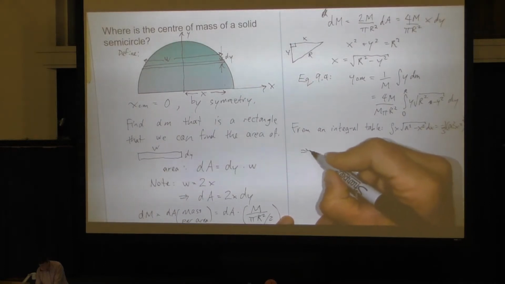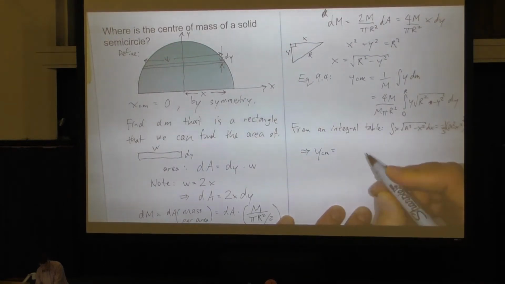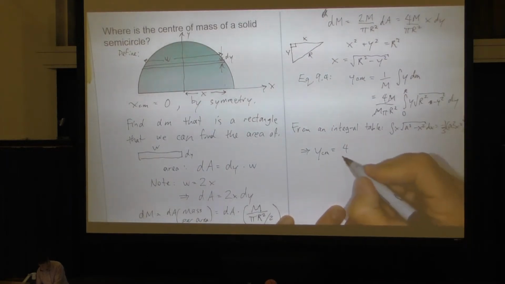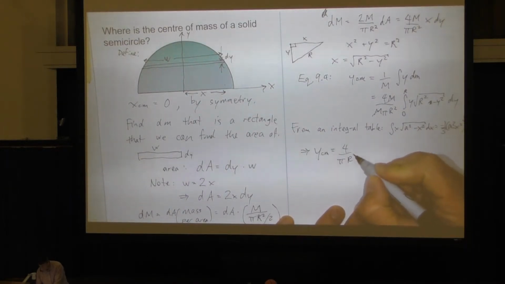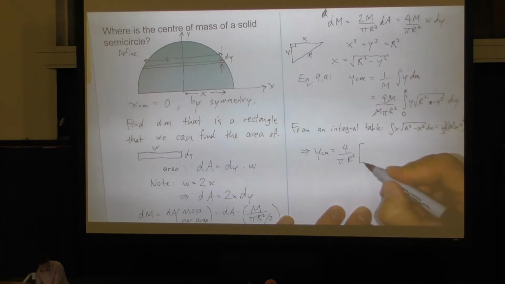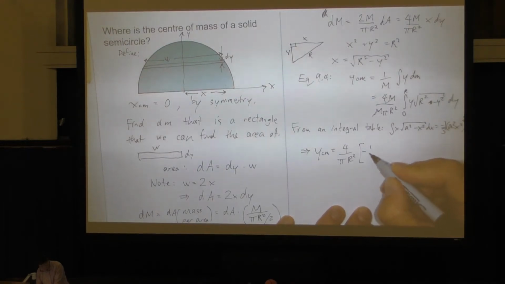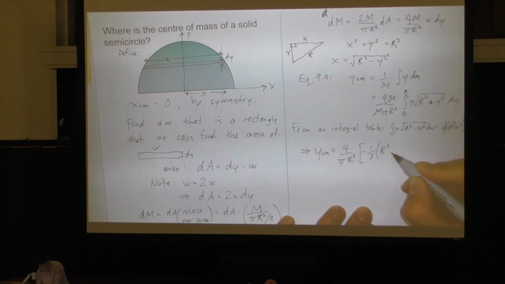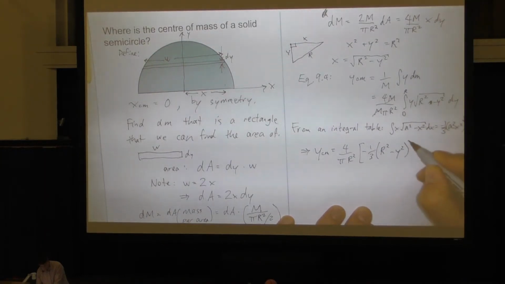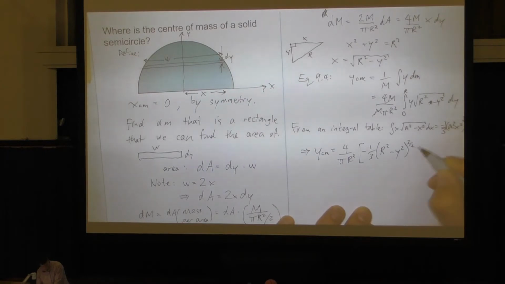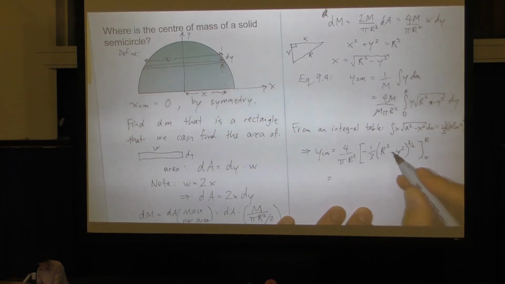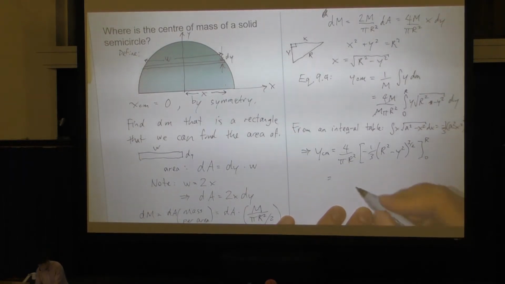Okay, so y center of mass equals, the m's cancel, I've got 4 over pi r squared times negative a third. Instead of a, we've got r squared minus y squared to the 3/2. And the limits are r and 0. So plugging in r, r squared minus r squared is 0.